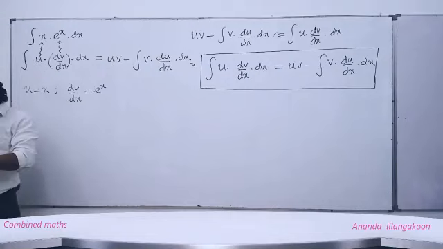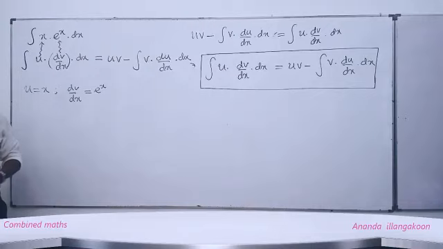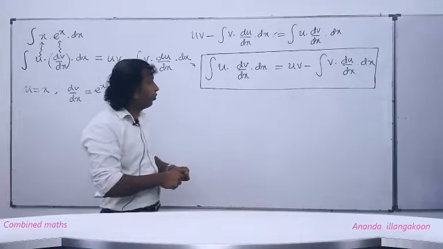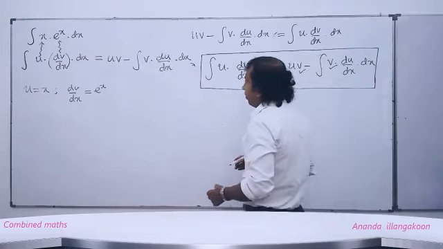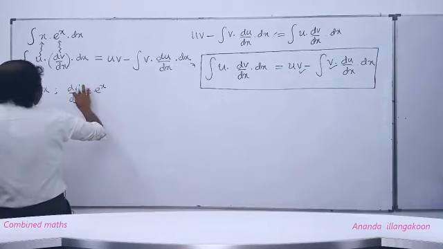Now, people, what we do is this. In the by parts formula right hand side, we have u into v at first, and secondly, we have v times du by dx. Therefore, in order to find this v function, you can see in the by parts formula that we have v here and here. That means the v function we have to find.